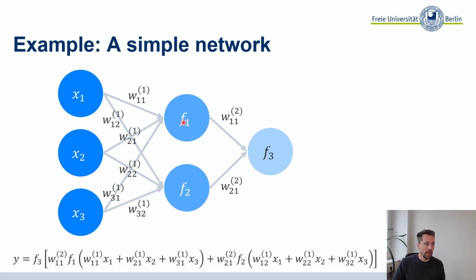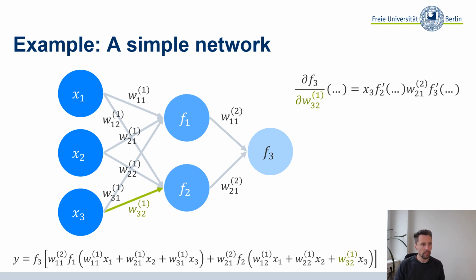And of course we have to evaluate these at their weighted inputs of the inputs x1 through x3. Now let's try to come up with an analytical gradient here, by looking at this equation. Let's try to find this for this weight.